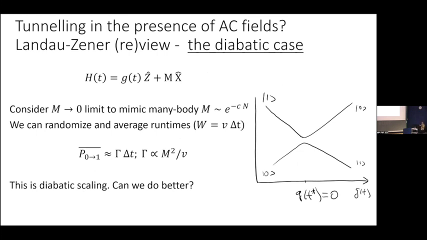You should think of this as being a very small matrix element M, which is inherited from some many-body problem. And so this is going to be exponentially small in something.